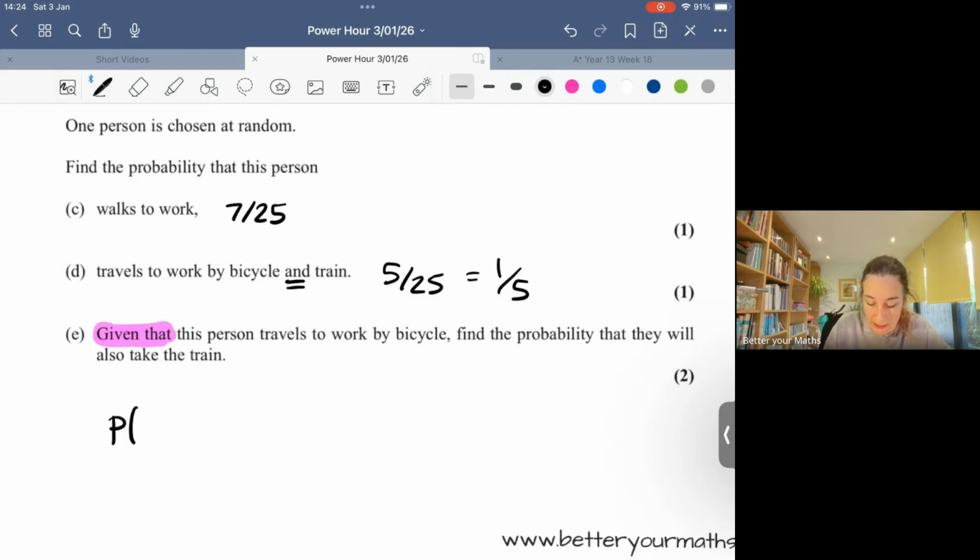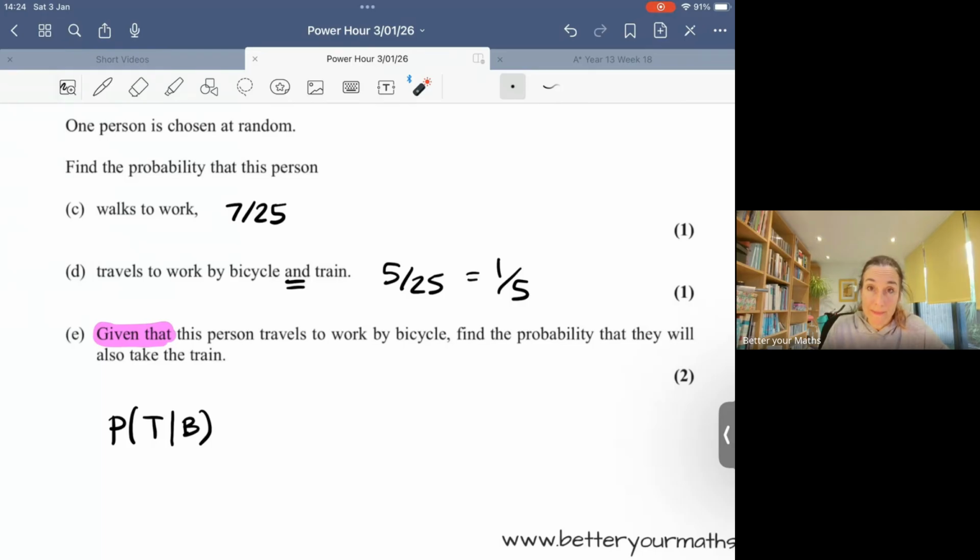So we need the probability that this person takes the train. Yeah. Given that, we are going to draw a vertical line like this, given that they travel by bicycle. Yeah. So this is what we know that happens. This person travels by bicycle, and we want the probability that they will also travel by train.